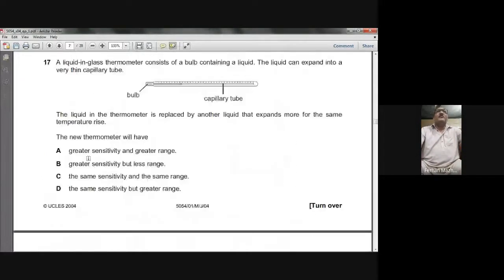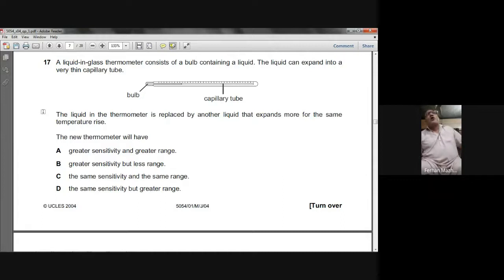Okay, so we are going to the next question. A liquid in glass thermometer consists of a bulb containing a liquid. The liquid can expand into a very thin capillary tube. The liquid in the thermometer is replaced by another liquid that expands more for the same temperature rise.